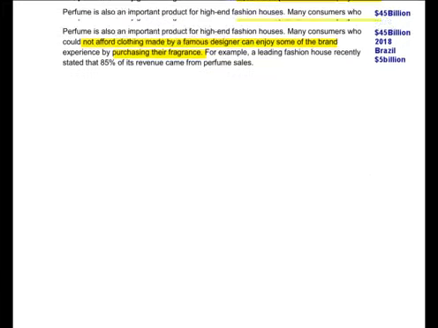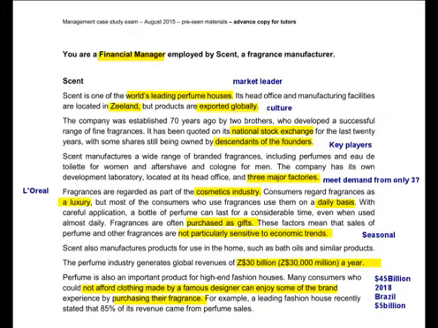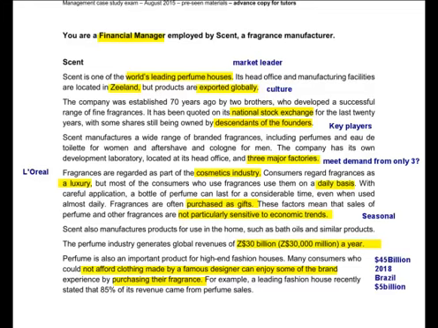And this is what drives, and it's worth noting that it could be what drives sales, rather than companies focusing more on perfume. For example, here, where it says that 85% of revenues came from perfume sales, you may look at that and think, well, from a product profitability and revenue point of view, why even bother making these expensive clothes if 85% of your revenue comes from perfume sales?